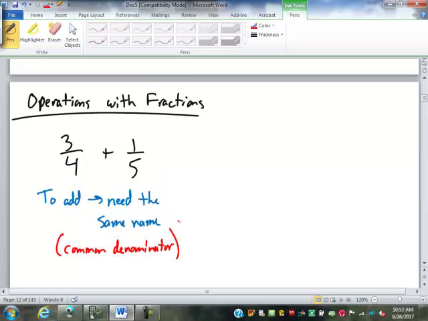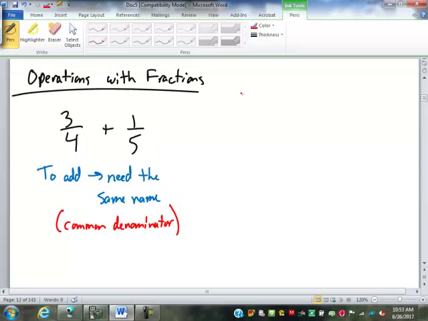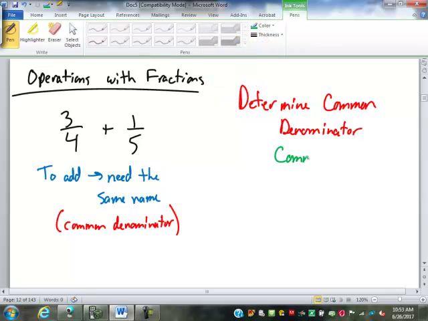So the first thing we need to do is to determine the common denominator. And a common denominator is nothing more than a common multiple.